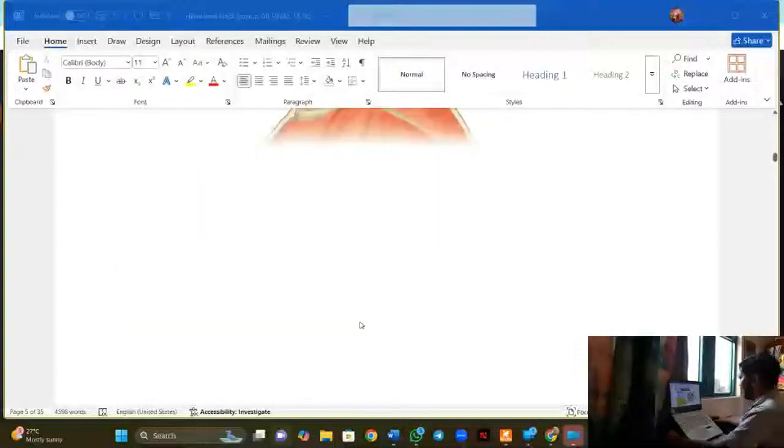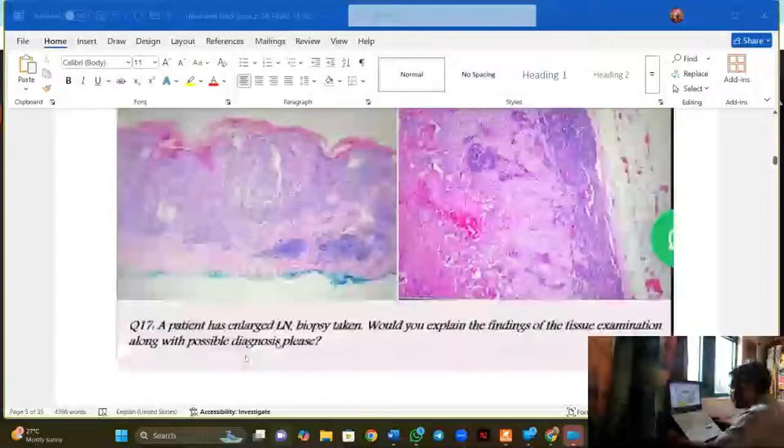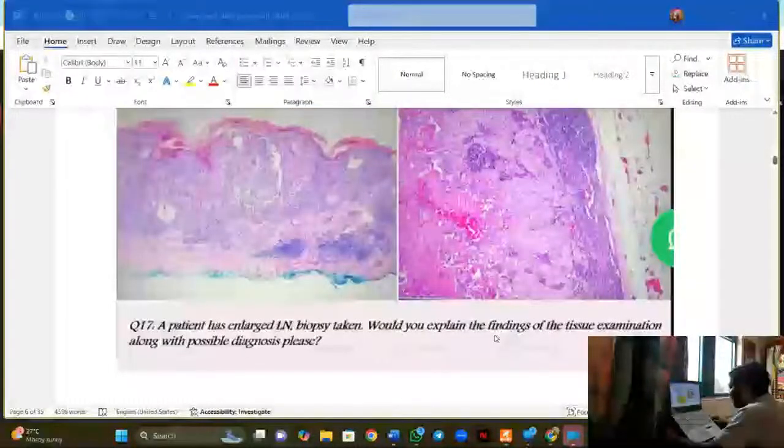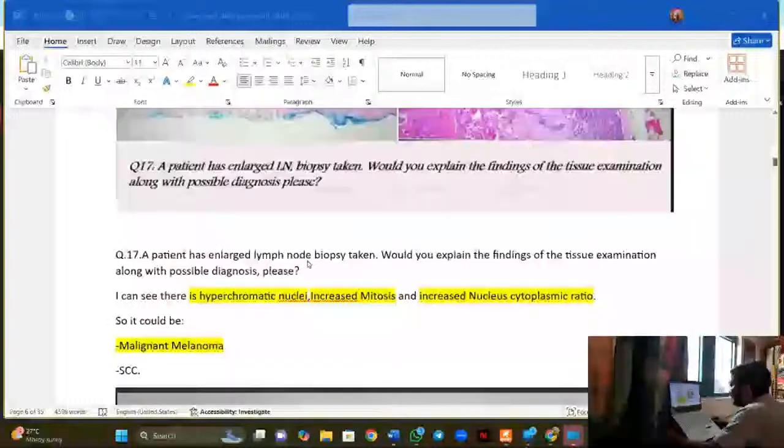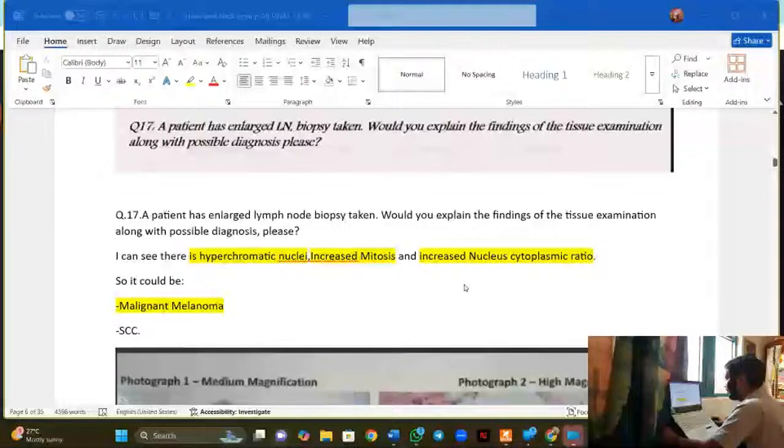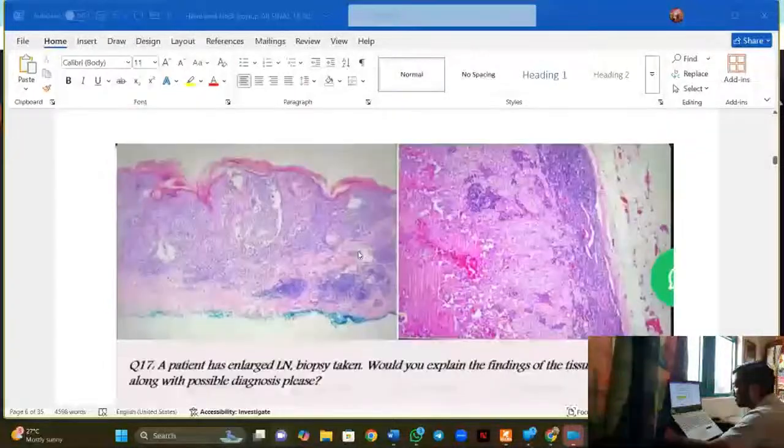Now, the patient has an enlarged lymph node. Biopsy taken. Diagnosis, please. I can see hyperchromatic nuclei, increased mitosis, and increased nuclear cytoplasmic ratio.